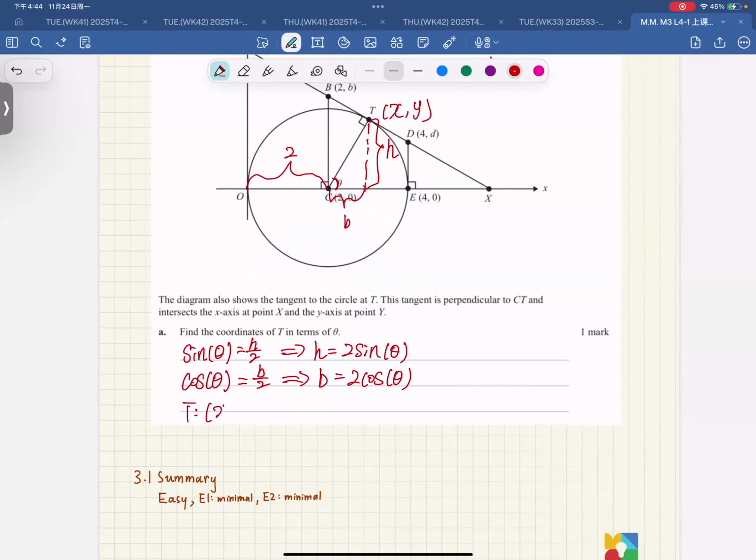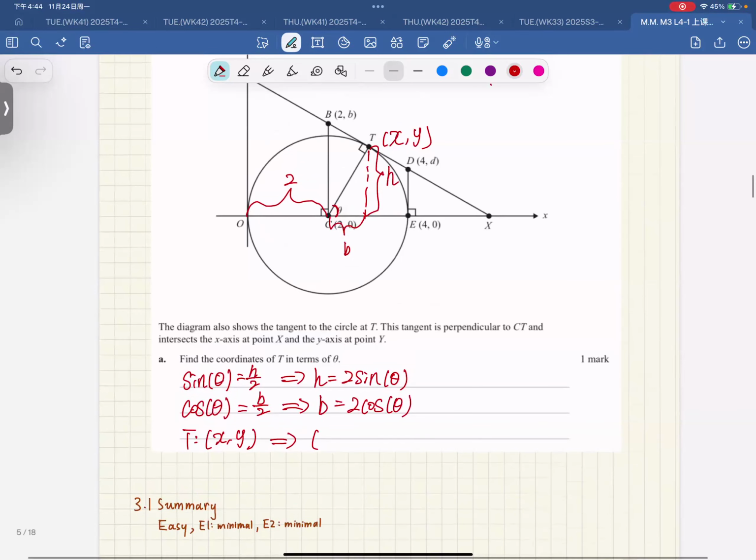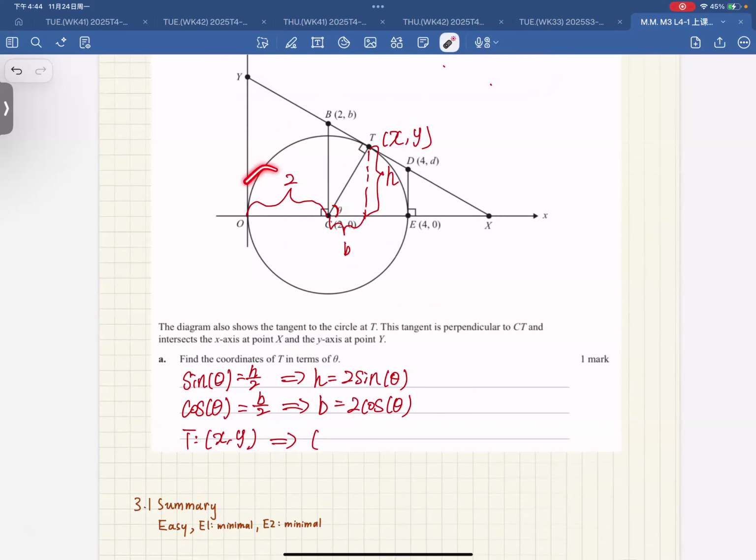So the x coordinate is this part plus this part together, which gives us the x coordinate.